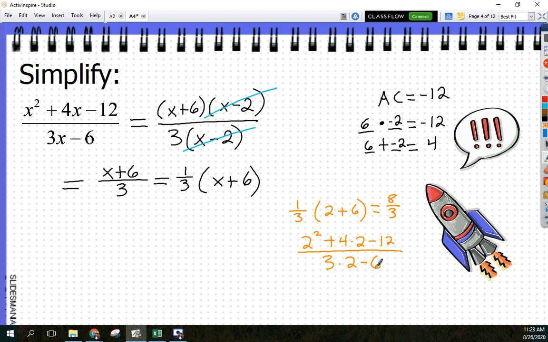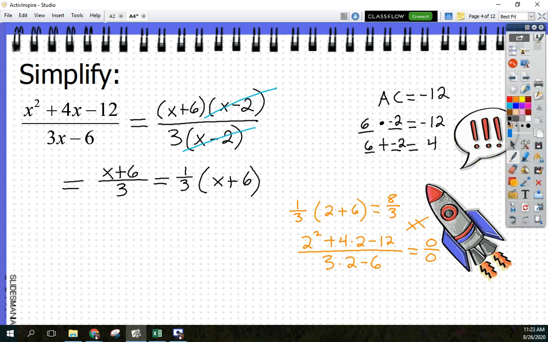And notice on bottom, if we do 3 times 2, that gives us 6 minus 6, which is also 0. So notice that 8/3 and 0 divided by 0 are not equal. And the reason for that is because we reduced out this factor, but it still causes a restriction.